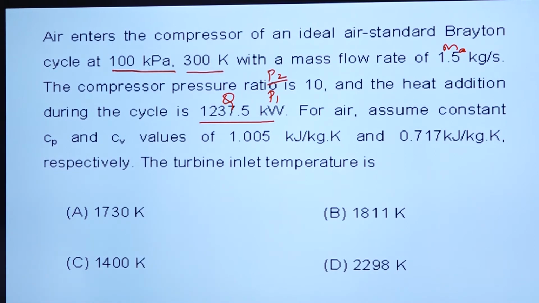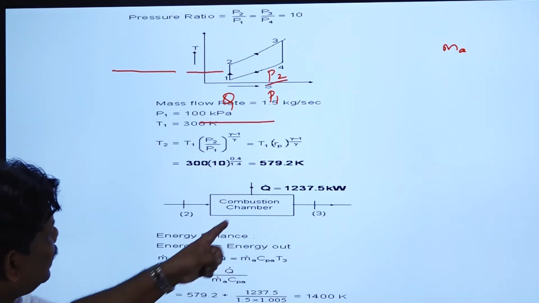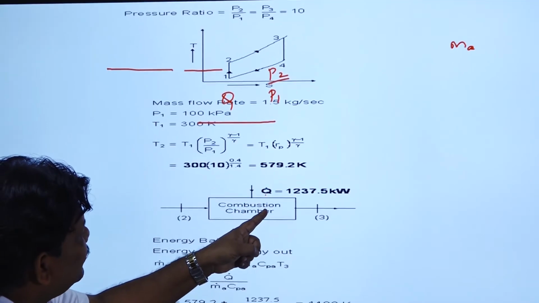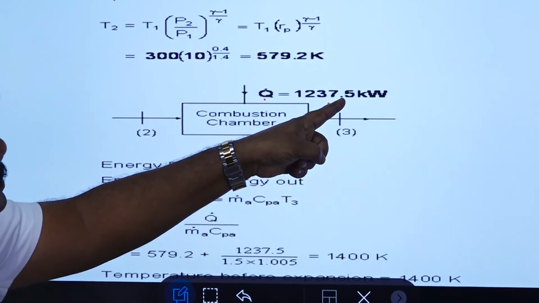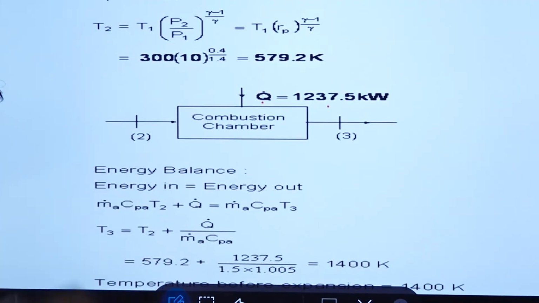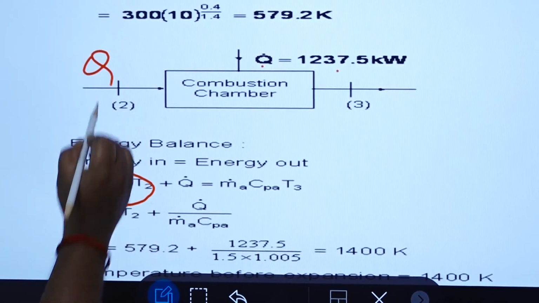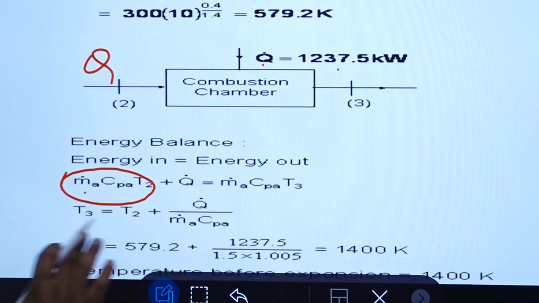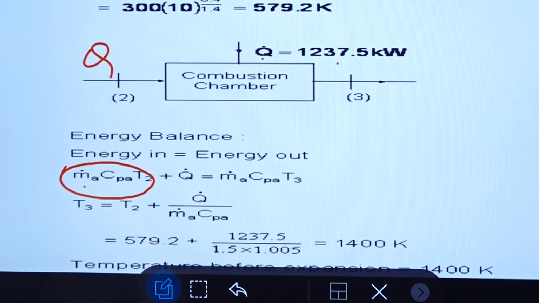Okay, so you can go to that problem. You can see here, the combustion chamber is given. Q is added into this combustion chamber, 1237.5 kilowatt, so some heat energy is added. As I told you, here this is also Q, m Cp into del T, that is, m_a Cp_a into T2 plus Q dot will be equal to m_a Cp_a into T3.